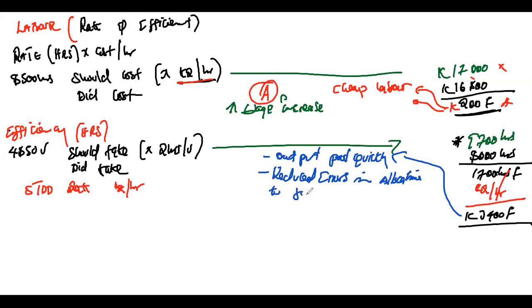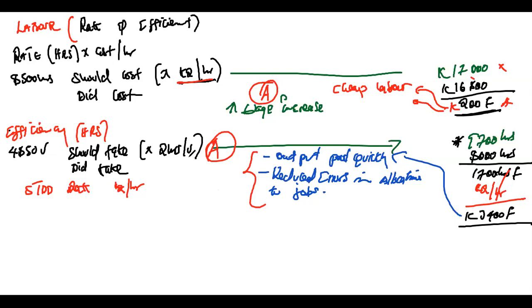Because if you have a confused supervisor who has no idea how to manage time, you will always be running out of time and end up working overtime. But sometimes things are not so nice as in this question. Sometimes there's what we call adverse variance. When the labor efficiency variance is adverse, it could mean the opposite: output is being produced slower than expected.